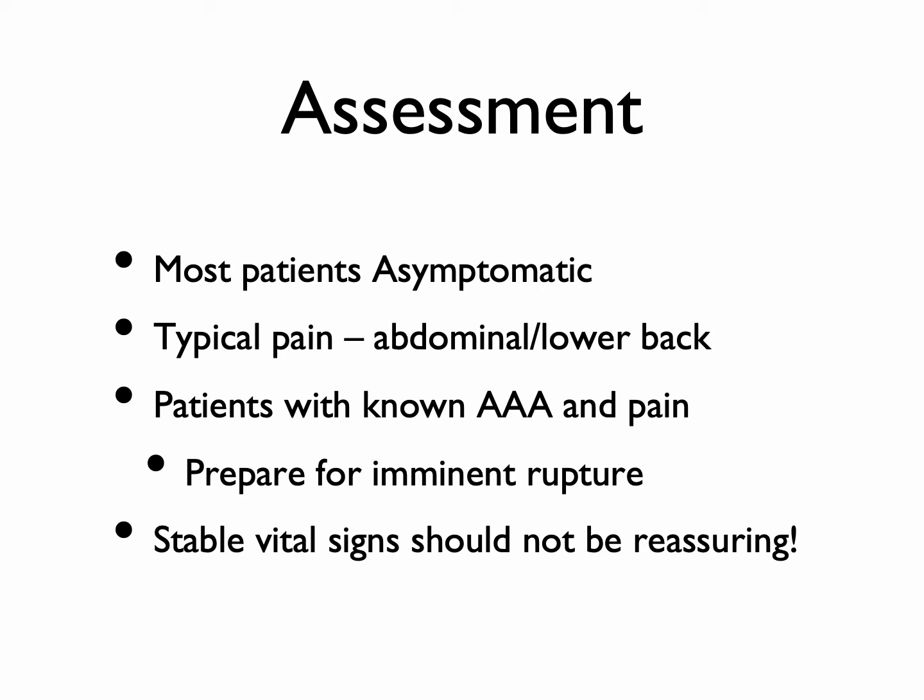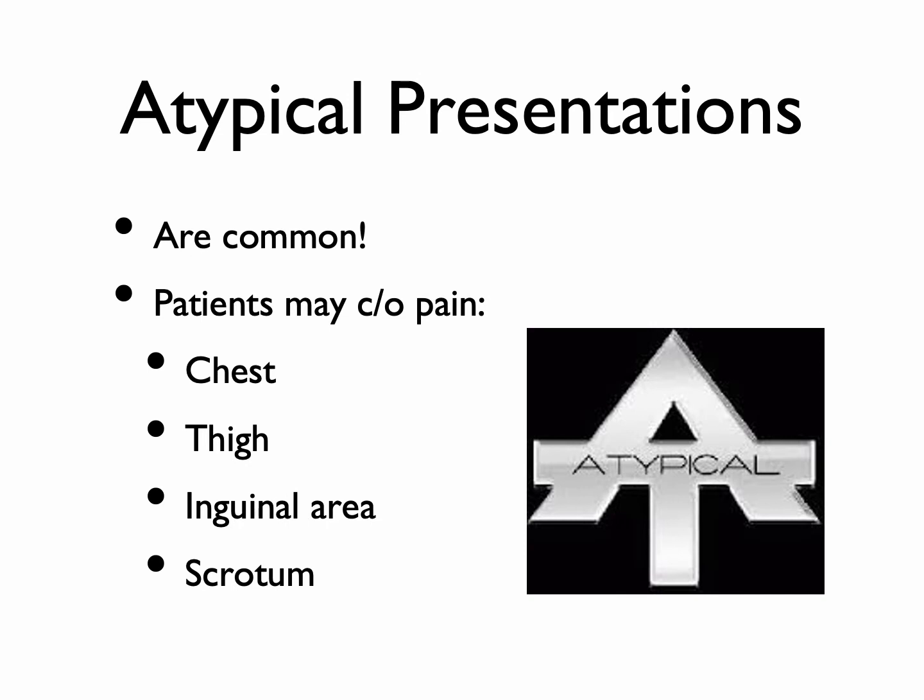And patients with a AAA and stable vital signs should not be reassuring, because it can catastrophically go wrong at any moment in time. You also need to be aware of atypical presentations because they are common in AAA patients.